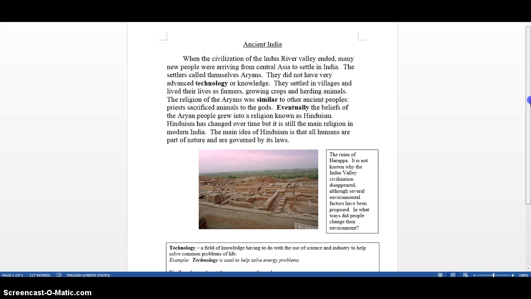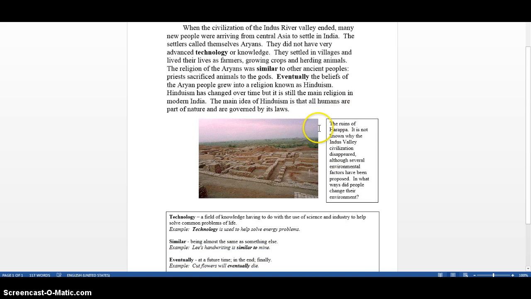So, have a look at this photo. This is the ancient city called Harappa. Alright, it was in the Indus Valley. It was the other major city besides Mohenjo-Daro. It's not really known why the Indus Valley civilization disappeared, although several environmental factors have been proposed.